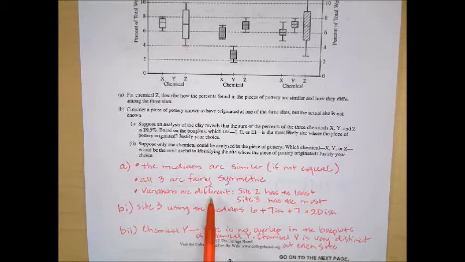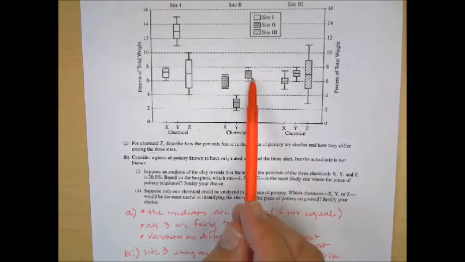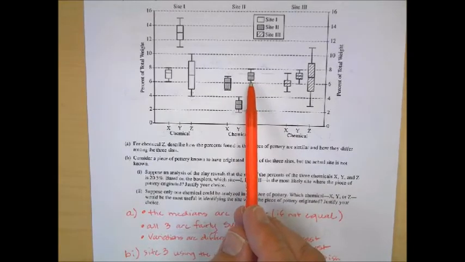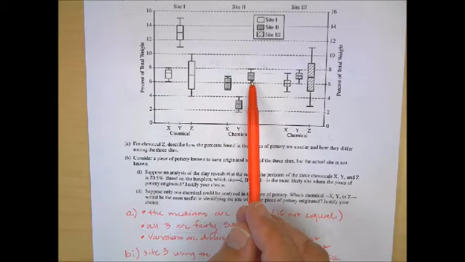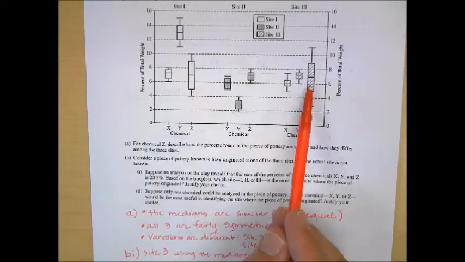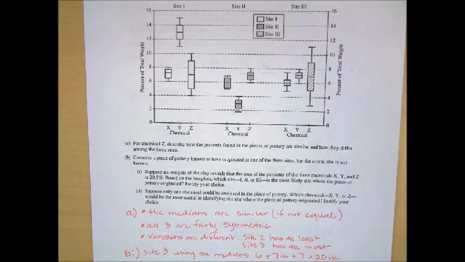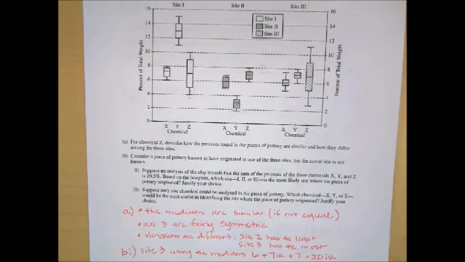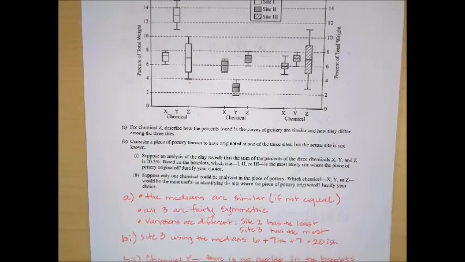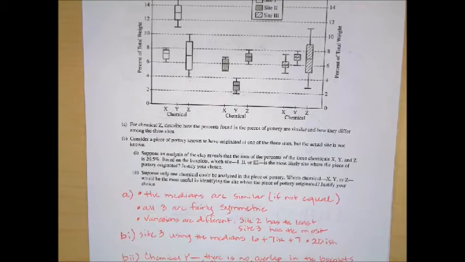Site number 2 has the smallest amount of variation, whereas site number 3 has the highest amount of variation. And I think that would do for A. I mean, they're not asking you to write a book. They're just asking you to come up with a few similarities and differences.